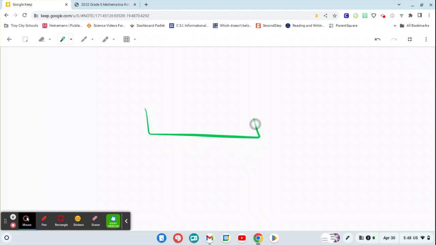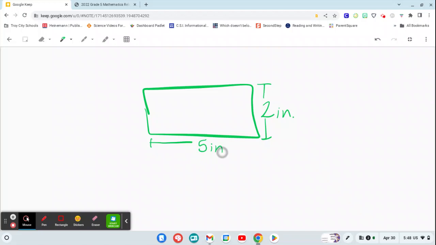Let's say, for example, I have a rectangle and I measured it with my ruler and the width of it is 2 inches and the length is 5 inches. In order to find the area, or the area that's being covered by something, we want to calculate using a formula of length times width.